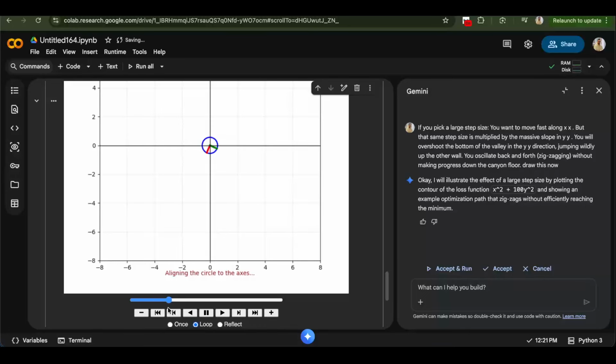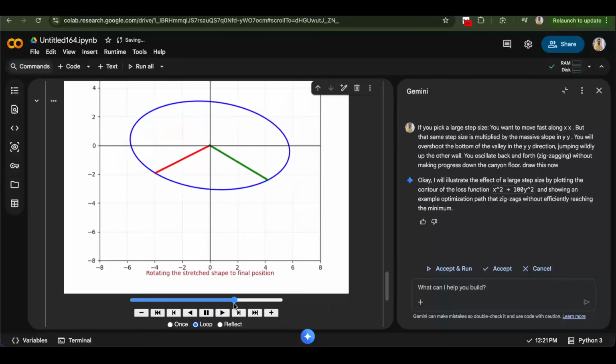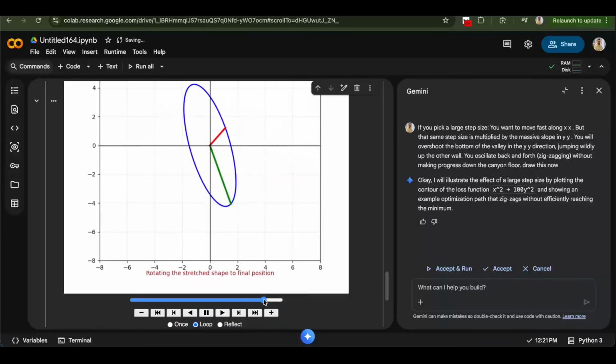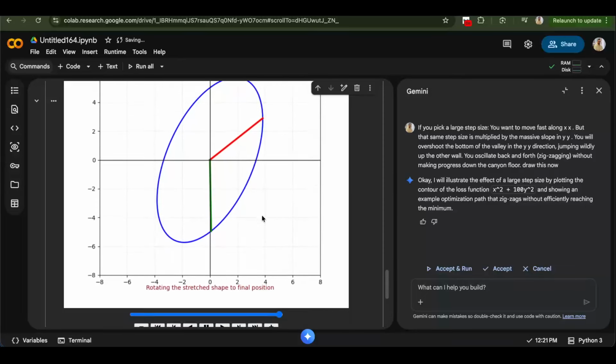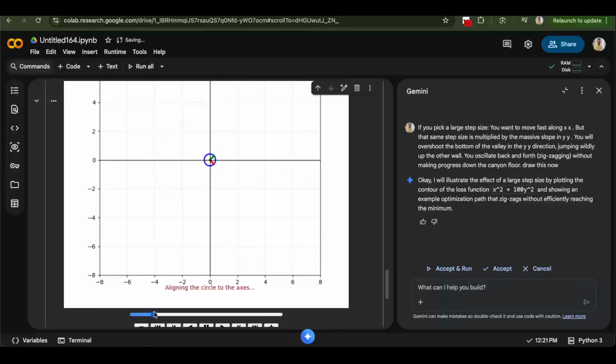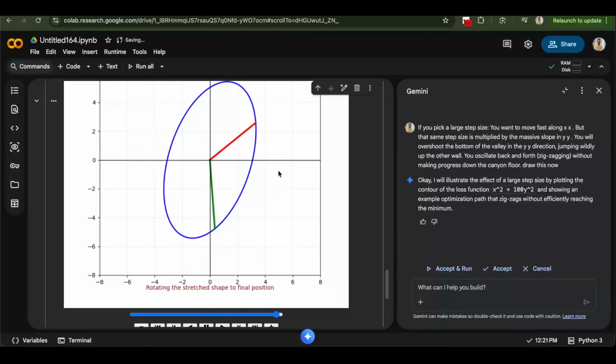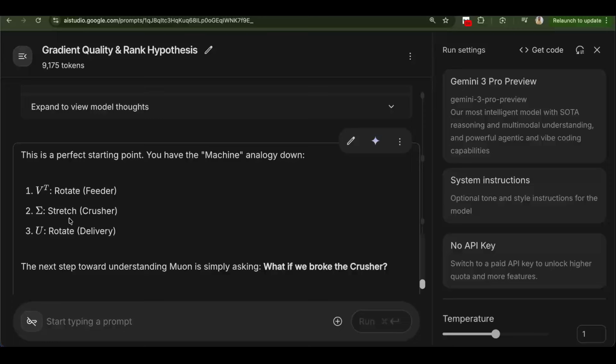So now the circle is the same size, just rotated. And then the second matrix is for stretching. And then we rotate again. So now this is our final transformation. You can look again: first rotate, then stretch, then rotate again. That's the part for the singular value decomposition.